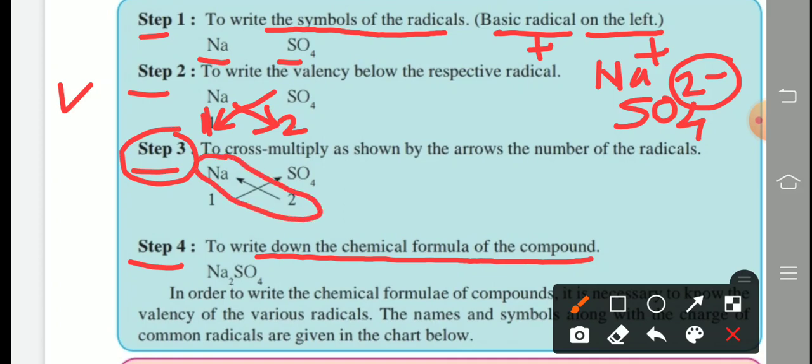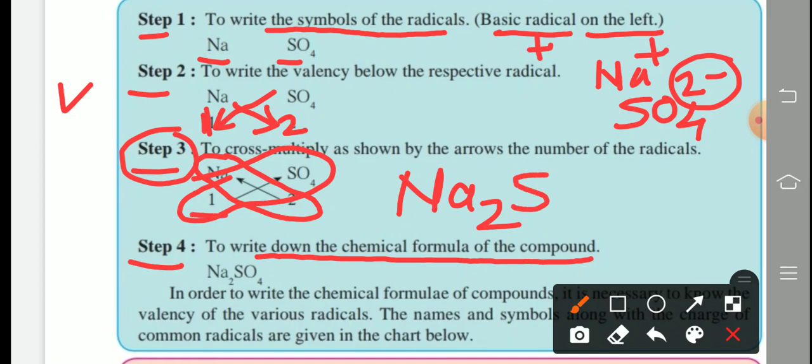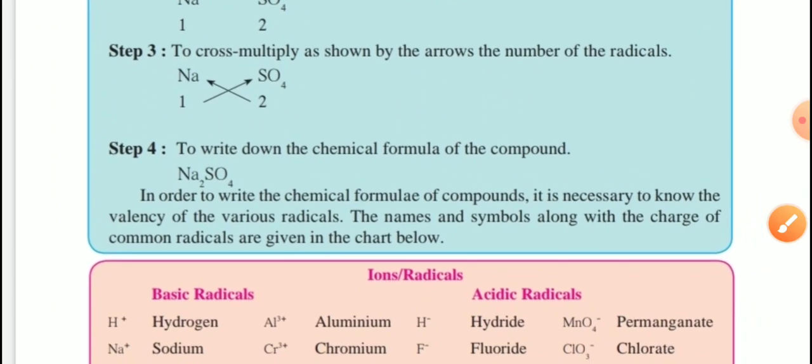That is 2, so Na2. And how many SO4 groups are required here? After cross multiplication only 1, that is SO4. So this is the formula of sodium sulfate. By using these basic steps we form the formula of the given compound.